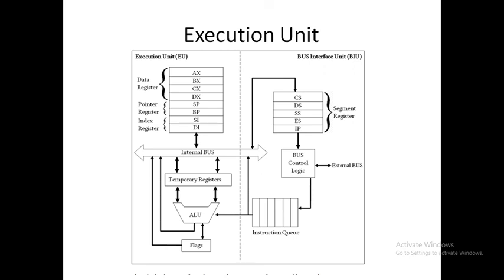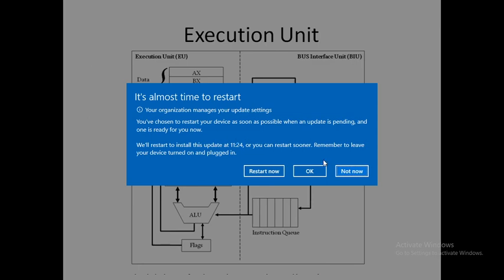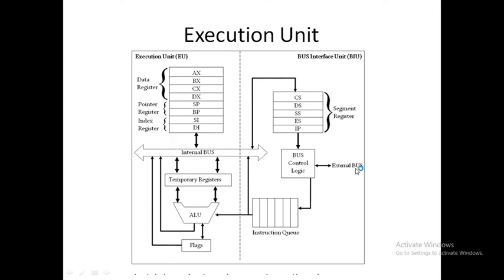The bus interface unit gets opcodes and operands from the memory and input output devices and stores them in the instruction queue. After this, the execution unit gets the data or opcode from the instruction queue and executes it, and after that it gives the result to the bus interface unit, and the bus interface unit writes to the memory or input output devices.